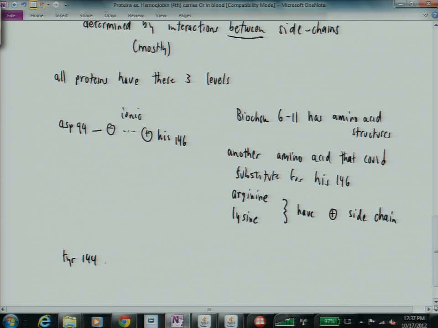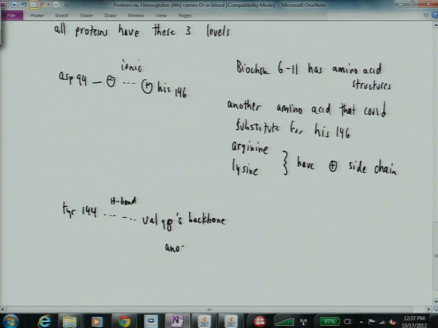It's a legitimate hydrogen bond. So what I want to know is another amino acid that could substitute for tyrosine 144 in this H bond.